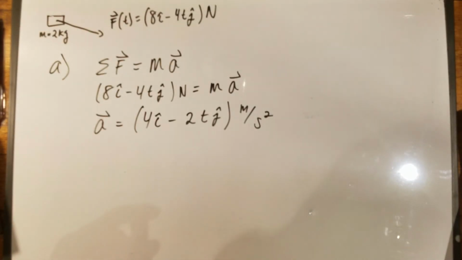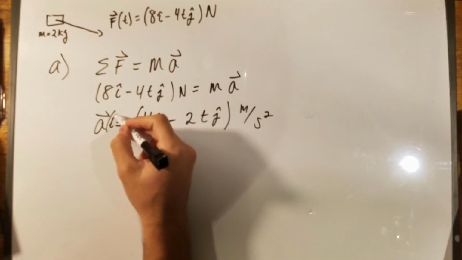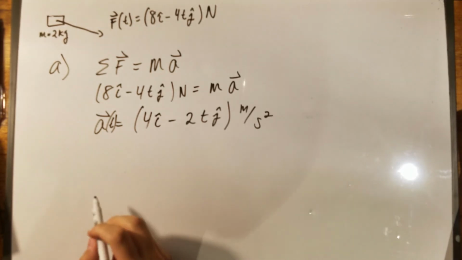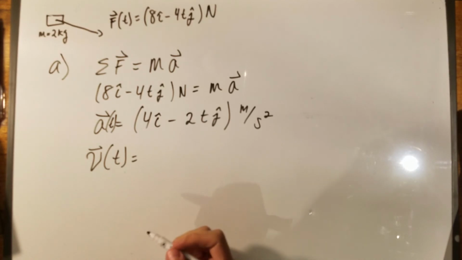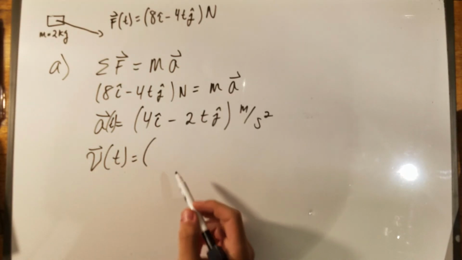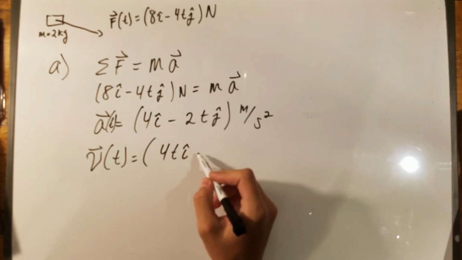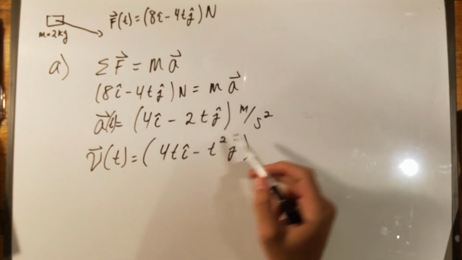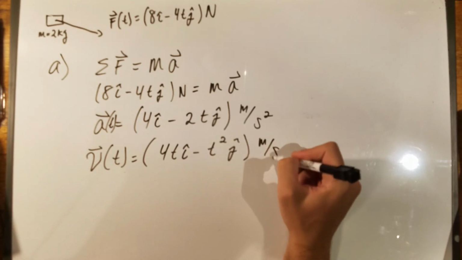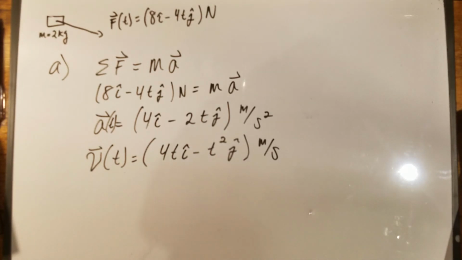Now, to get velocity, we have to take the integral of acceleration, which is also a function of time. We take the integral of acceleration, and we get velocity as a function of time is equal to, now some calculus, taking the integral of 4 gets you 4ti, and here you get t squared j, and velocity is in meters per second. Now we're asked to find when velocity is 15 meters per second.